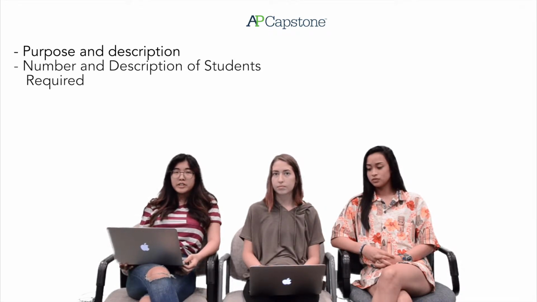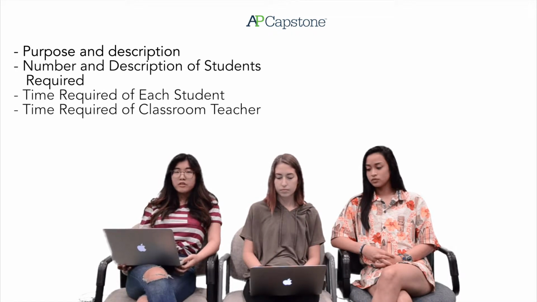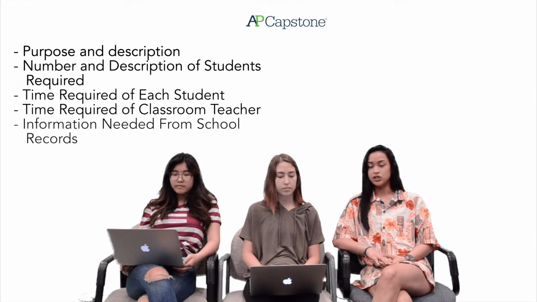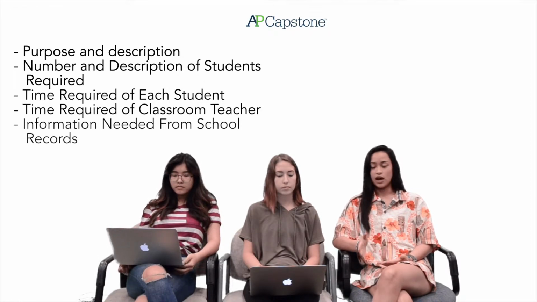And then after that, you will talk about your number and description of participants or students required. And following that, you'll need to know the time required for each of the participants and your classroom teacher, just in case you need to pull a student out of class. And then after that, you're going to have to talk about what information you need from the school. So if you need student names, you're going to need to specify that in the form.